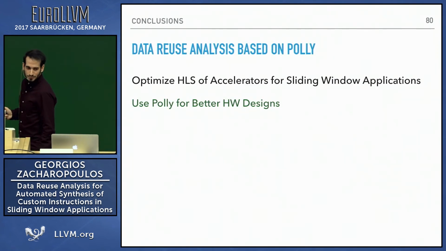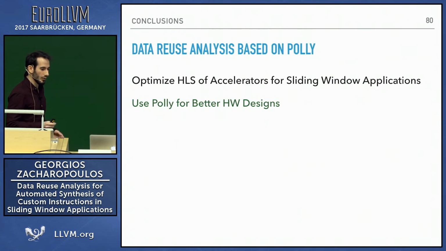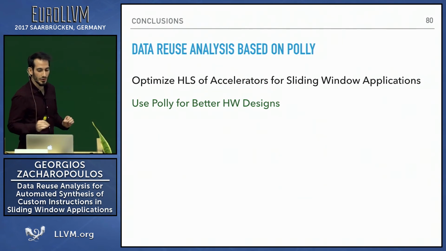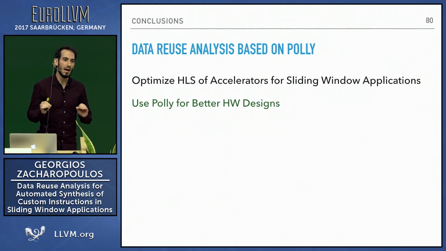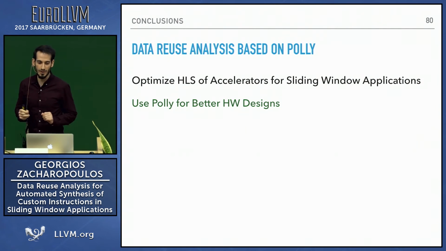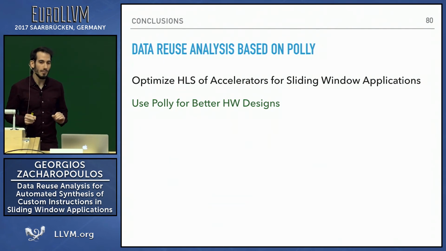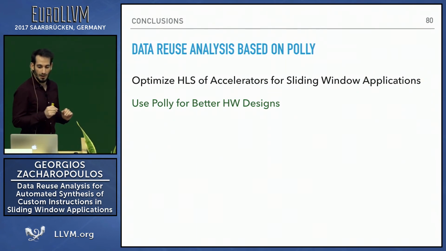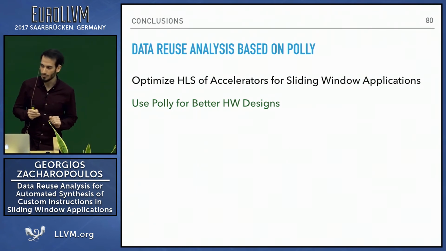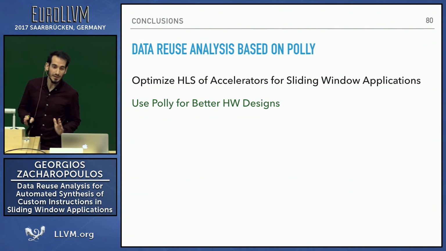So to conclude, what do we do here? We made a data reuse analysis using the LLVM Polly framework in order to optimize high-level synthesis, so achieve better high-level synthesis for accelerators targeting sliding window applications. So we used Polly to achieve better hardware designs.